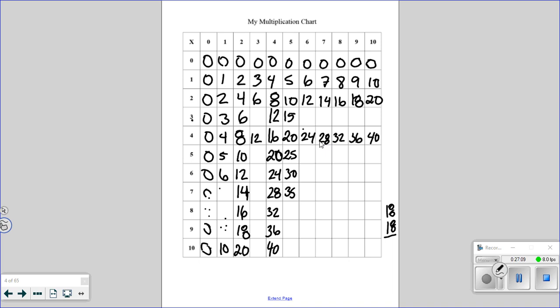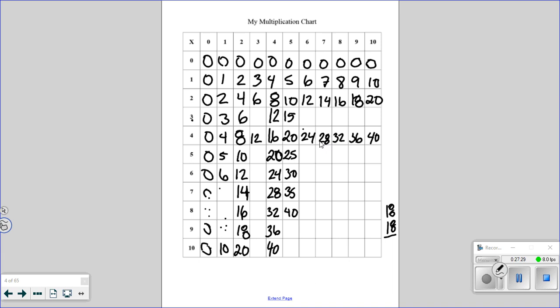Callie, we got 2 good strategies. We can either start here and add on 5 more, or we could do skip counts of 5, 8 times. 40. I see that you chose skip counts.